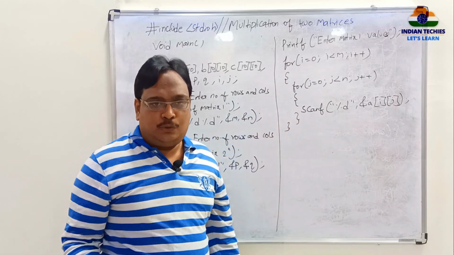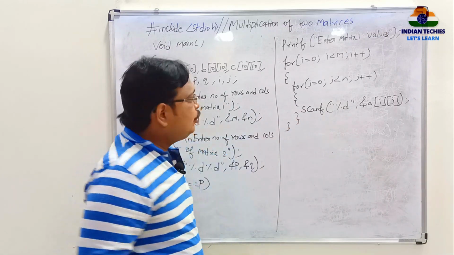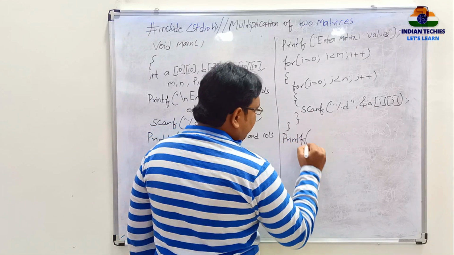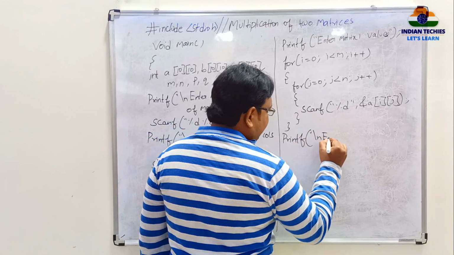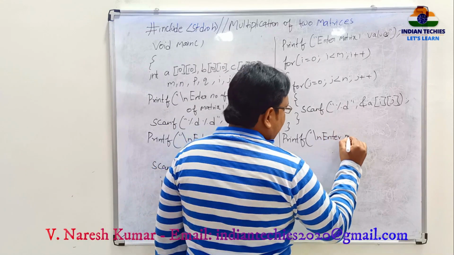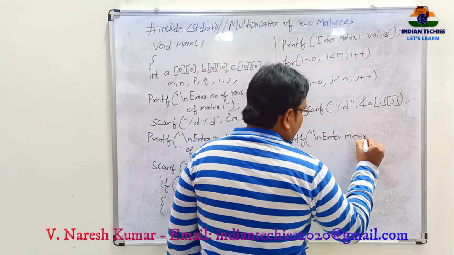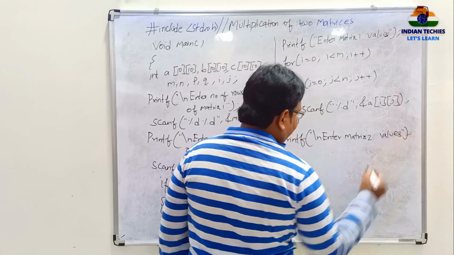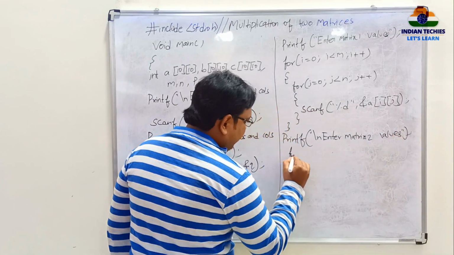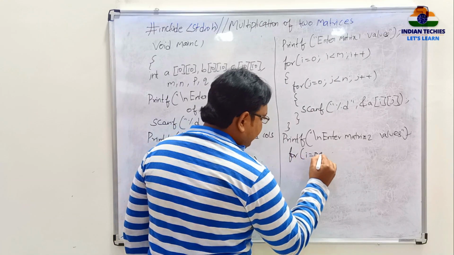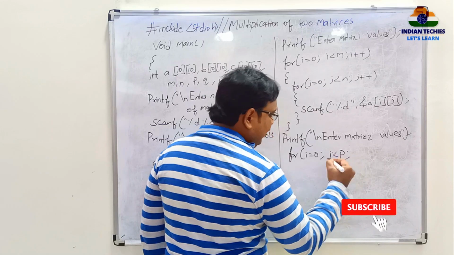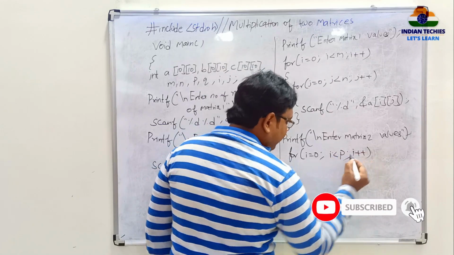Next, what you have to do? You have to take input for matrix 2. That is printf within the next line, \n, enter matrix 2 values. Now take input, that is for i is equal to 0, i less than the number of rows of the second matrix, p, i plus plus.